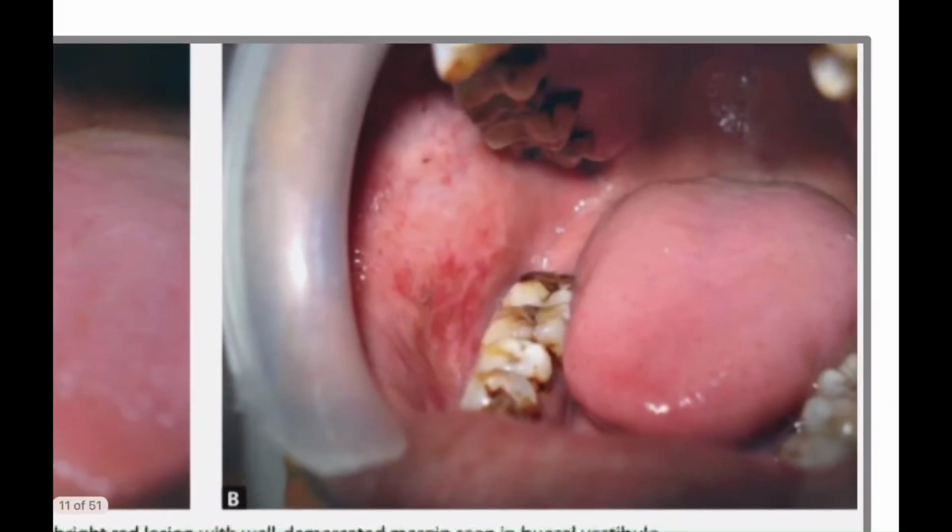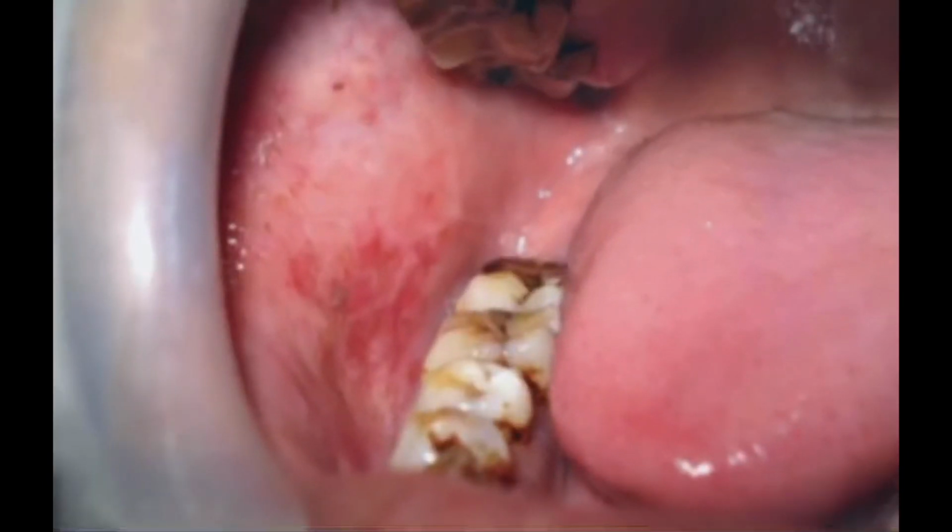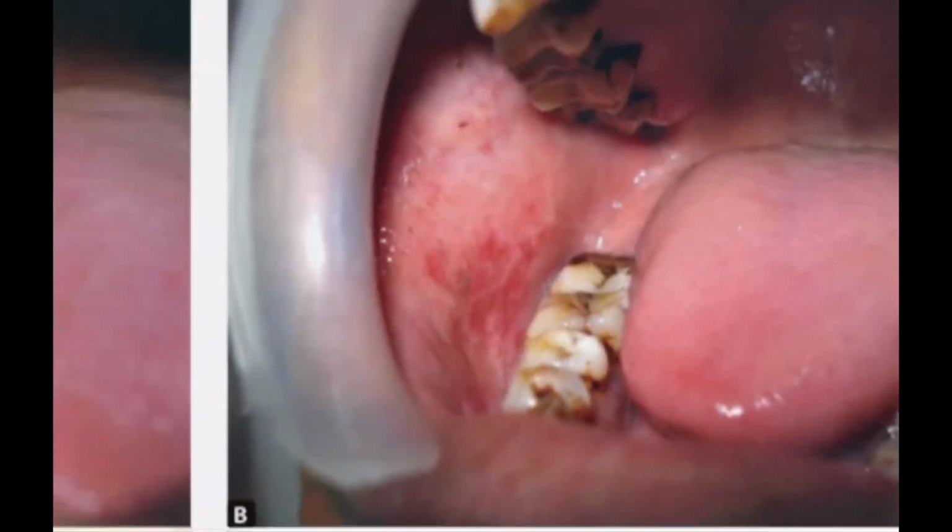This is the second picture. Also here you can see that the margins are clearly defined and it is present as a patch on the buccal vestibule. As we have discussed previously, the buccal vestibule, the vermilion border of the lower lip, and the lateral and ventral surfaces of the tongue are the most common sites for erythroplakia to occur.